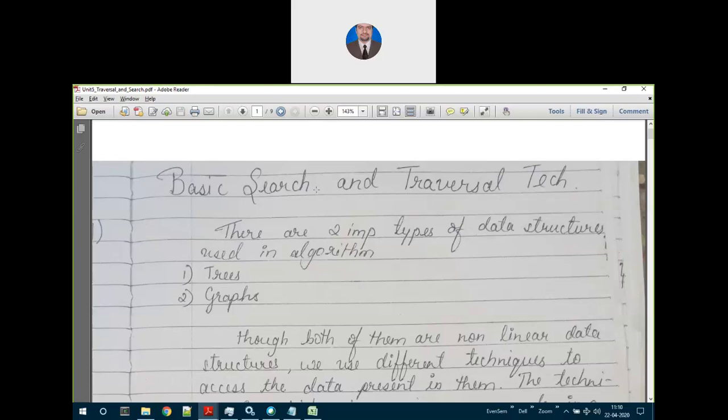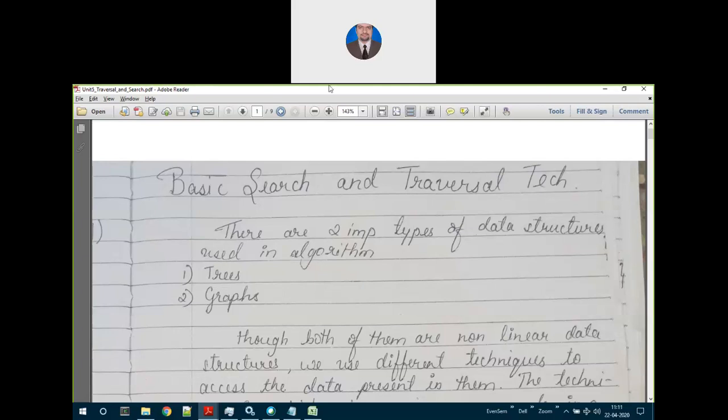Now, when I talk about trees and graphs, the graphs we have already covered. We studied the basic part of that in the beginning of the fourth unit. Trees is something which we have not studied in DAA. So have you studied trees in your data structure subject in the second semester?